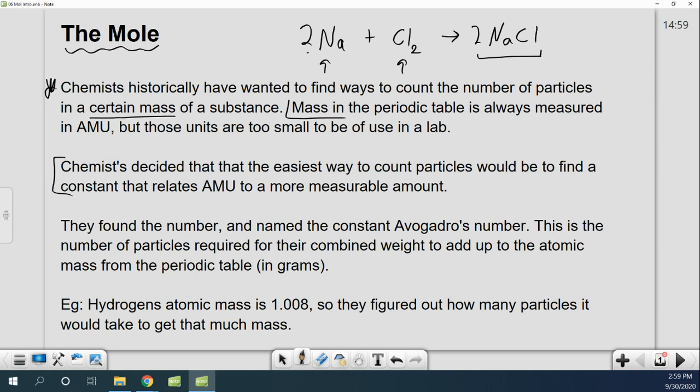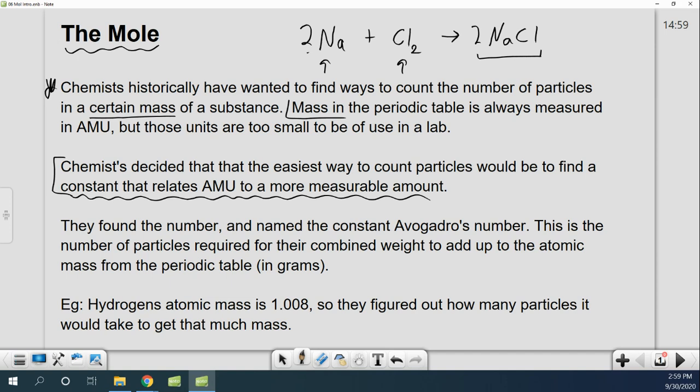So chemists decided that the easiest way to count the particles would be to find some constant, some number that relates atomic mass unit to something more measurable. Let's say I grab my periodic table, I look at beryllium, and it says the atomic mass unit, 1 beryllium weighs 9.01.